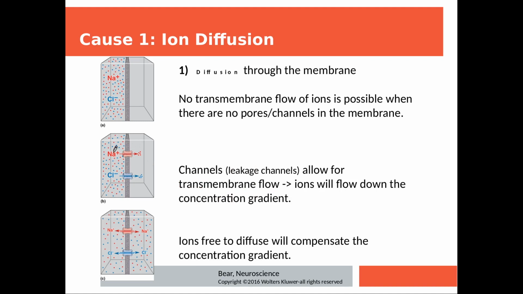If you just have leakage channels, then ions will flow down the concentration gradient. A basic concept in chemistry and physics is that entropy always increases. You always have things flowing from areas of high concentration to areas of low concentration to make the concentration the same everywhere.